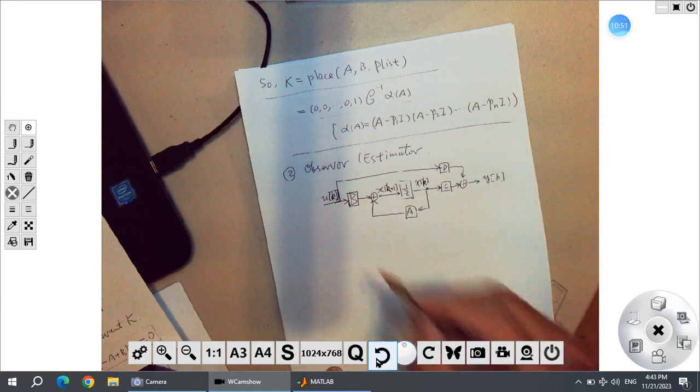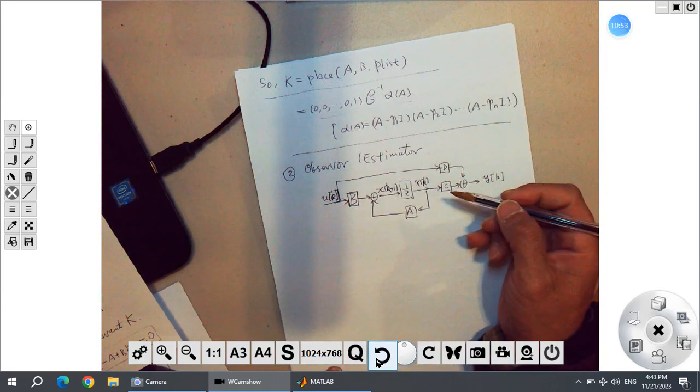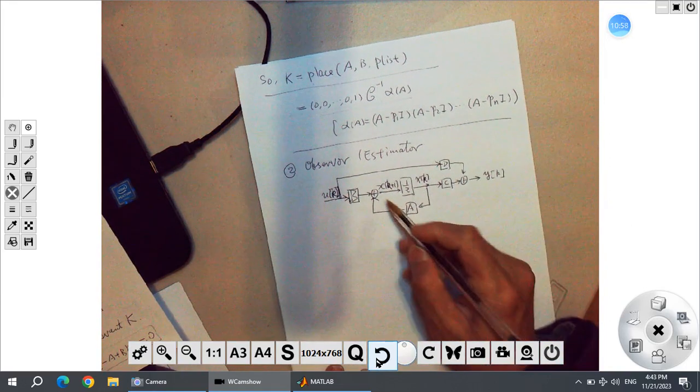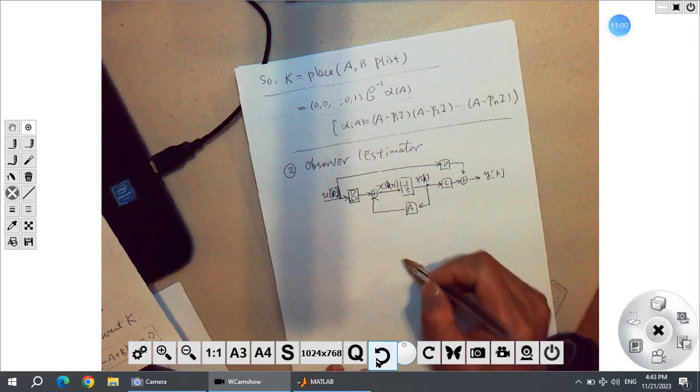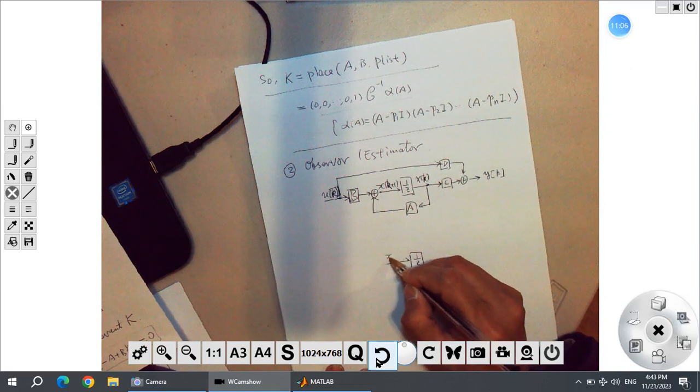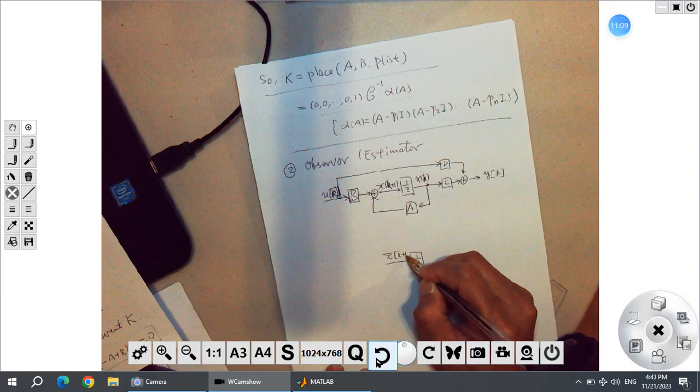Okay, then the estimator will be the same as this. The only thing is we have another x, so here's a 1 over z, x bar of k plus 1.